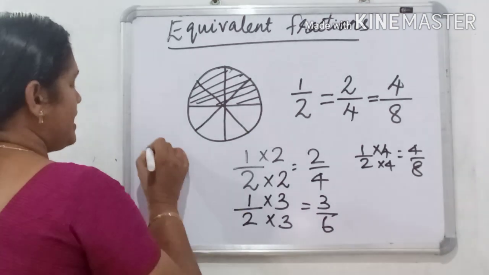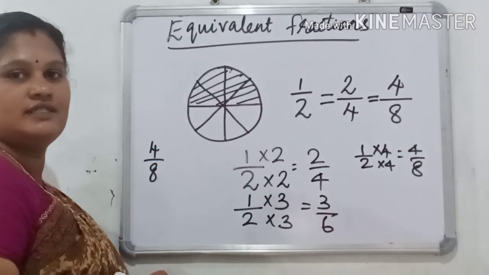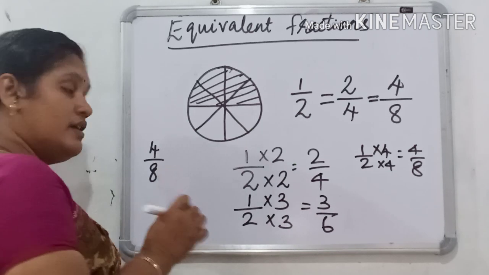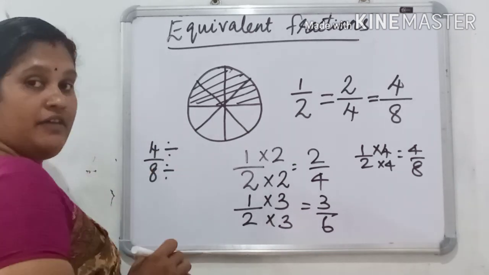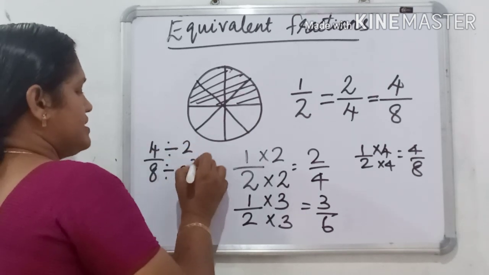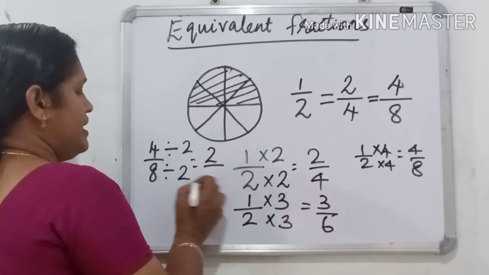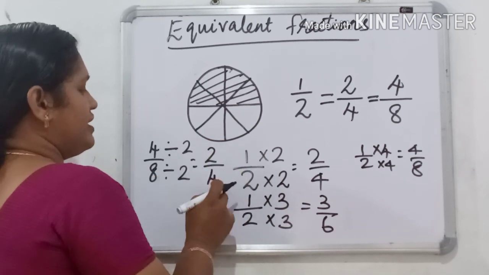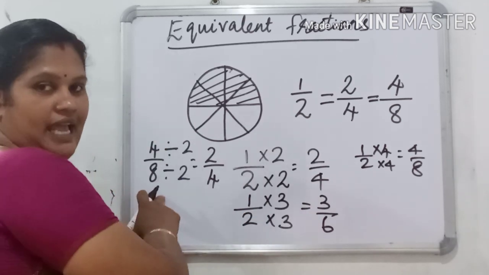Here, to find the equivalent fraction of 4 by 8, we can multiply or divide. Here 4 and 8 are even numbers. We can divide both sides by 2, which is equal to 2 by 4. 2 by 4 is an equivalent fraction of 4 by 8.